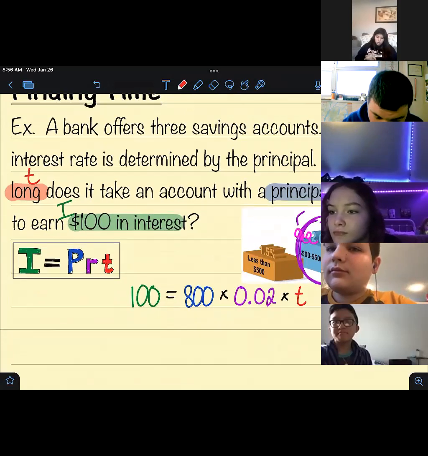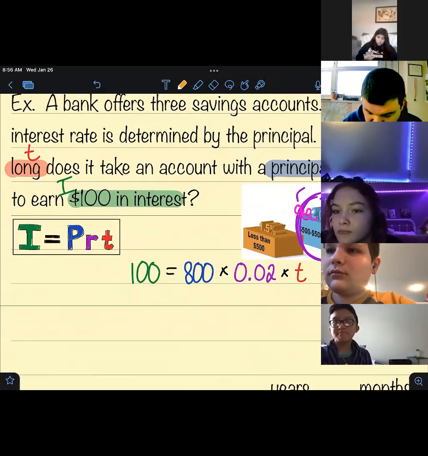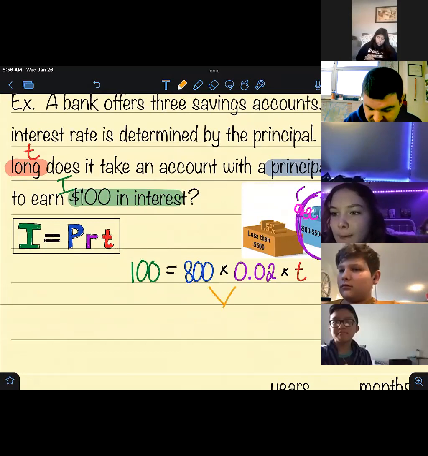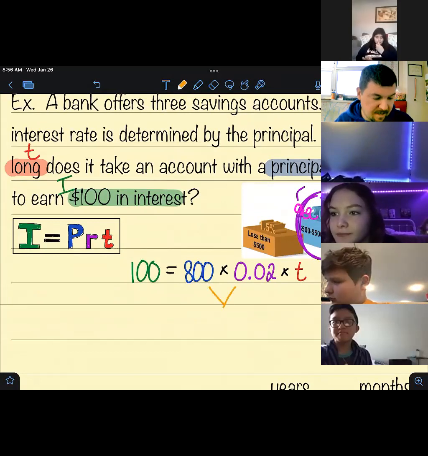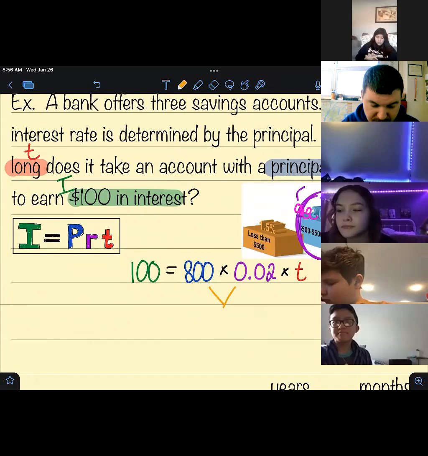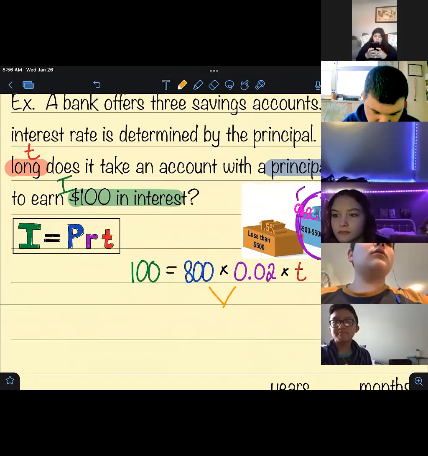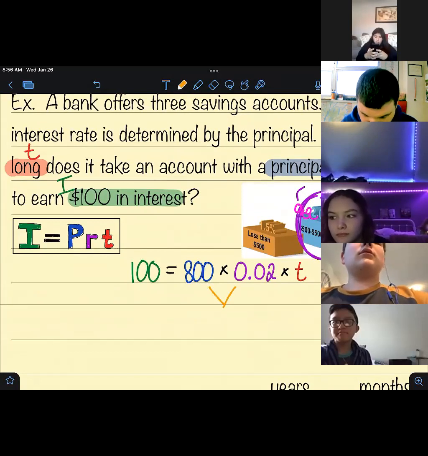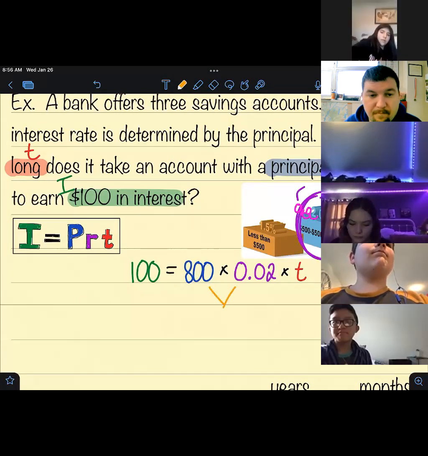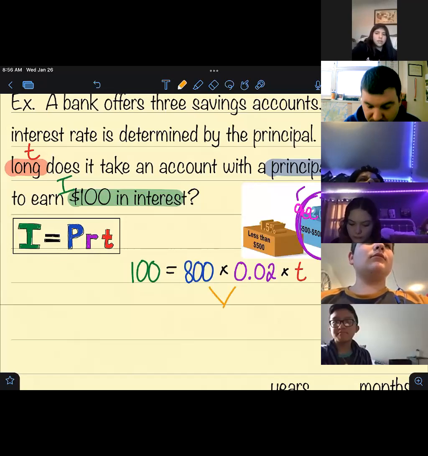All right, so just like our last problem, we are going to multiply the two numbers that we do have on this side, even though we don't know what T is. So can someone tell me what 800 times 0.02 would be? $16. 16, thank you.